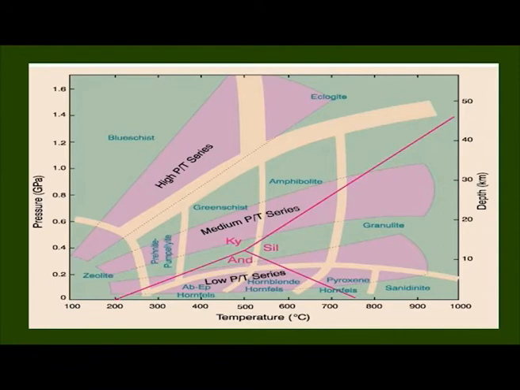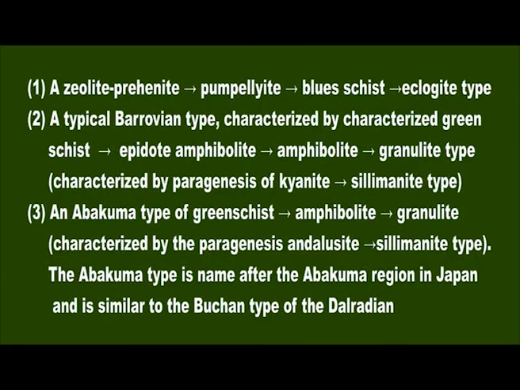On the basis of pressure and temperature, we can divide the metamorphic facies into 3 types, mainly: first, facies of low pressure; second, facies of intermediate pressure; and third, facies of high pressure. Miyashiro originally recognized 3 different facies series: 1.